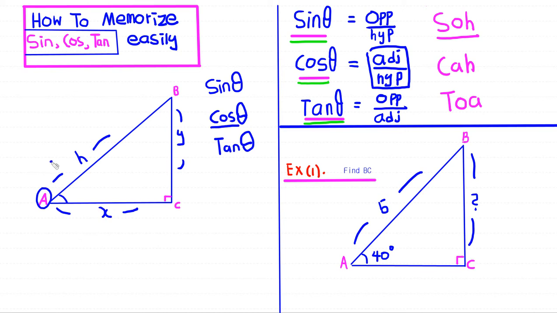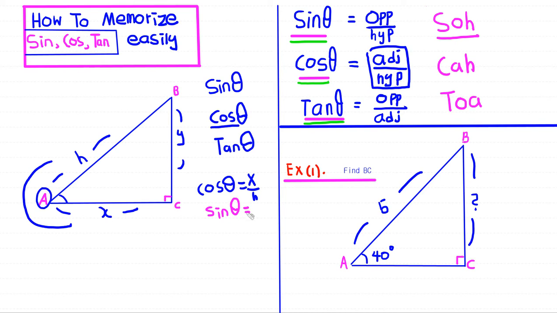We write C from the H all the way down to the bottom side, which in this case gives cosine of theta equal to X over H, which is adjacent over hypotenuse.